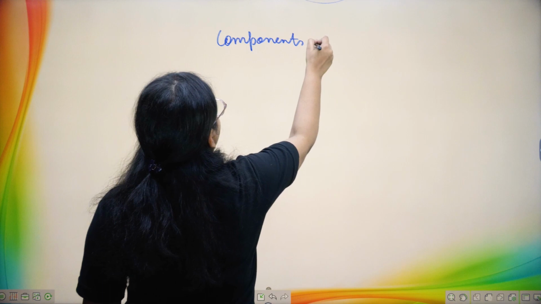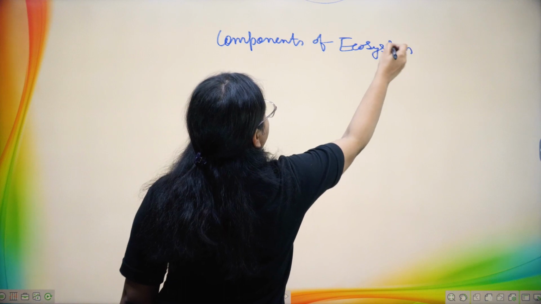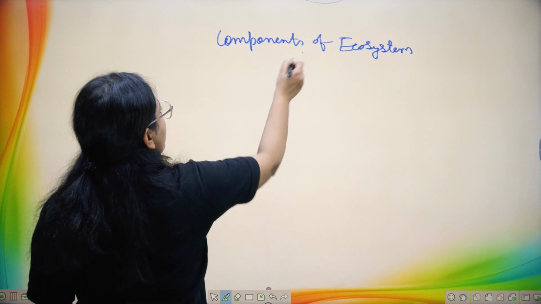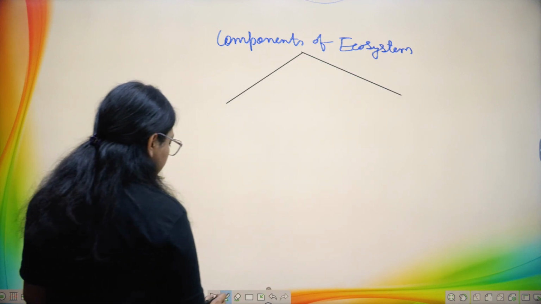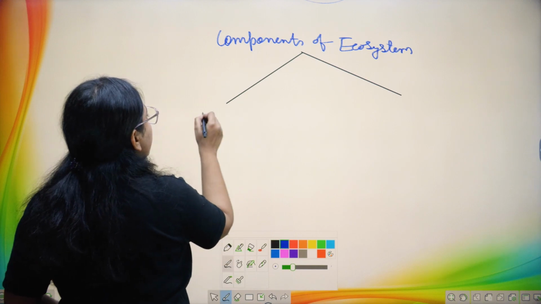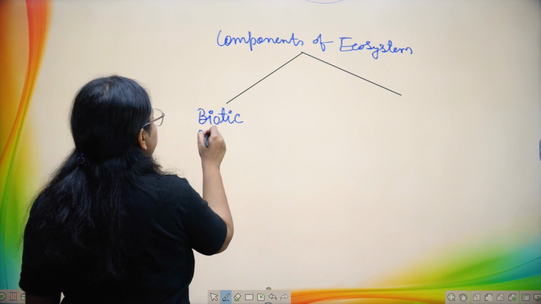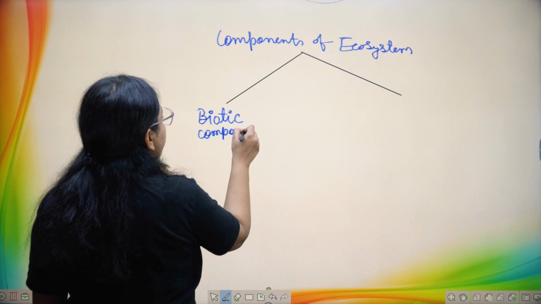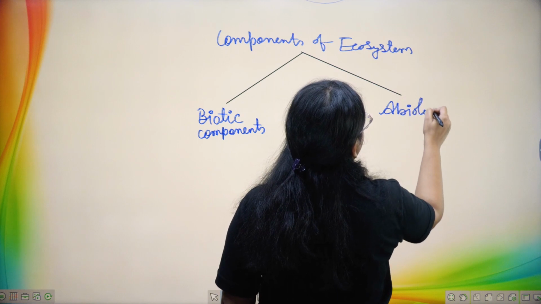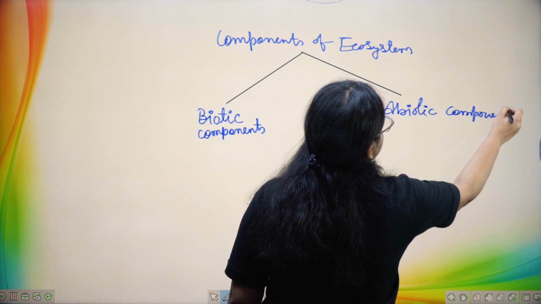Components of ecosystem also can be classified into two parts. Okay, two parts are there. One is biotic components, and second is abiotic components, right?